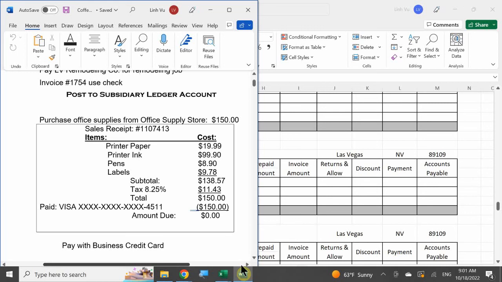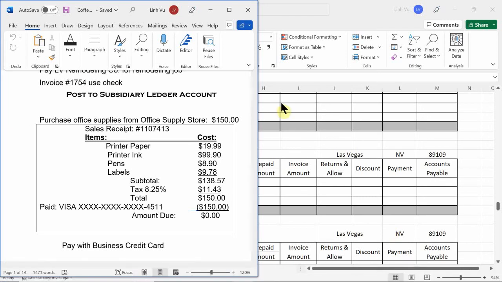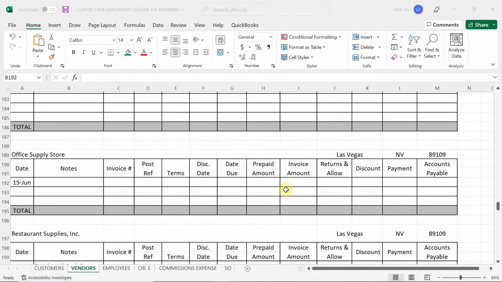And then you're going to put in that you paid with a Visa payable, right, or with a Visa credit card. So it's up to you what you want to fill in your subsidiary ledger. But you do need to have the other information, just in case you do end up returning the stuff. So in this case, you purchased, okay, what did you buy?